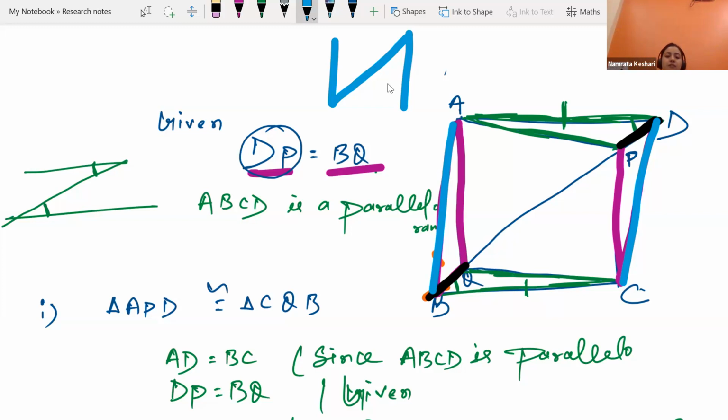Yes, Sarah. Ma'am, I'm not sure. If we are having a pair of parallel lines, then think carefully, which angles will be equal to each other?